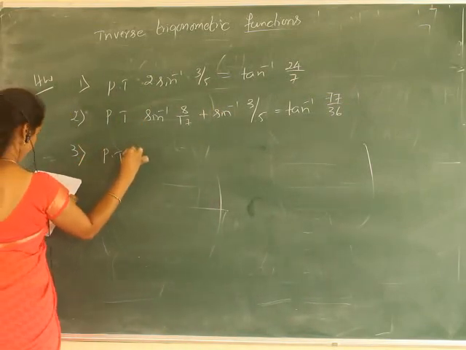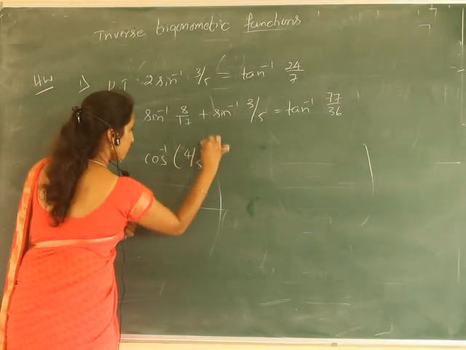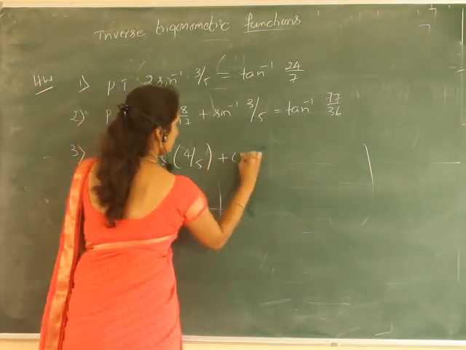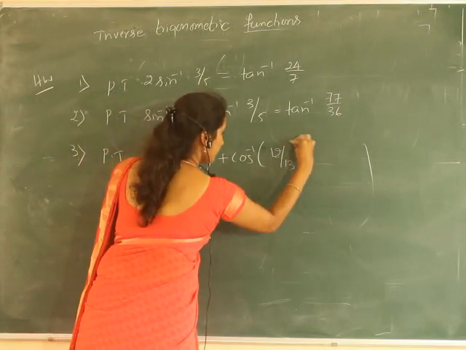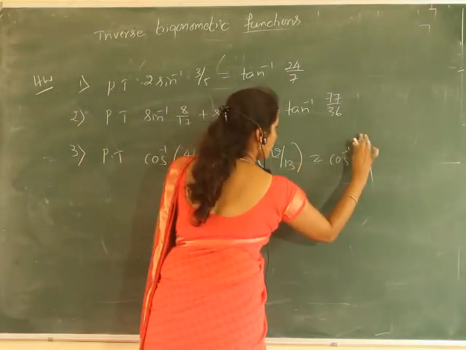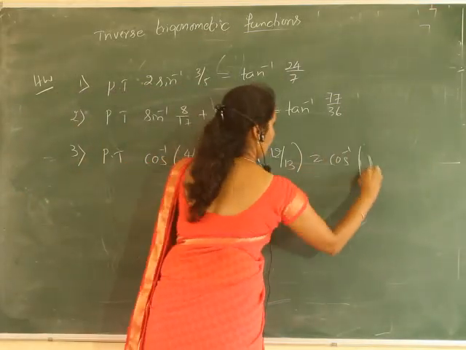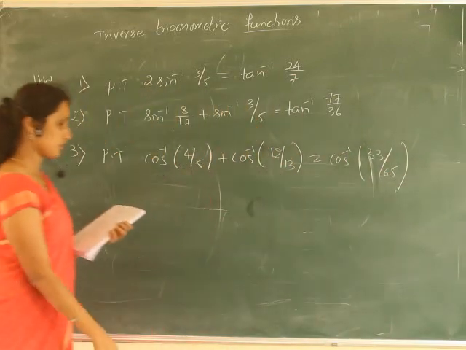Prove that cos inverse of 4 by 5 plus cos inverse of 12 by 13 is equal to cos inverse of 33 by 65.